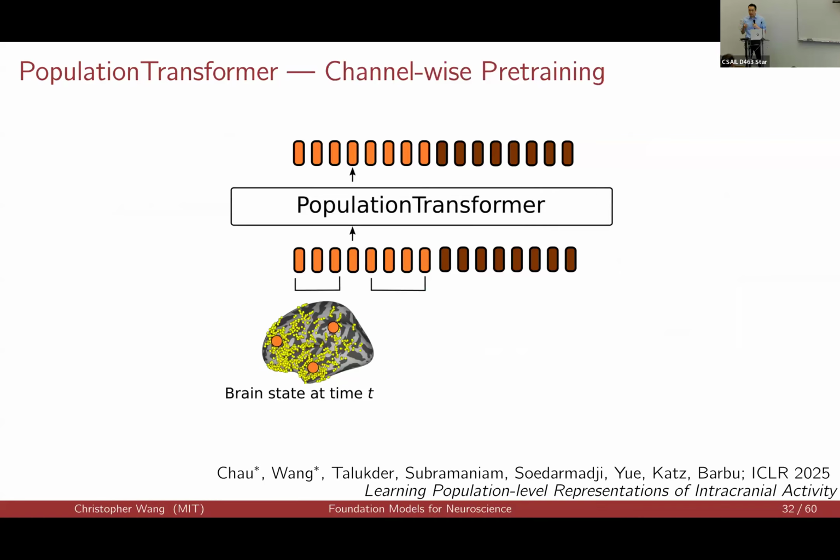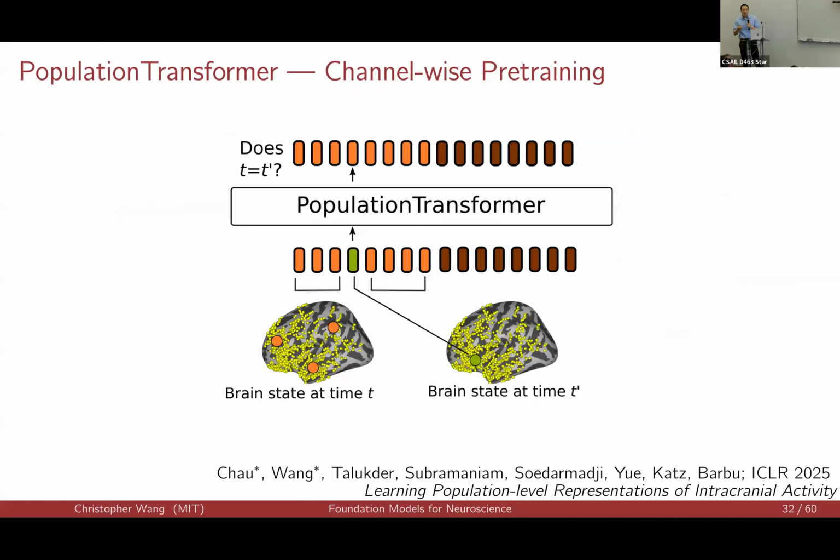Now, we want the model to be sensitive to 2 things. One, we want it to learn representations of individual channels in the context of its neighbors. So during pre-training, we randomly swap out individual electrodes with random activity, and then the objective of pre-training is to identify what was swapped out.